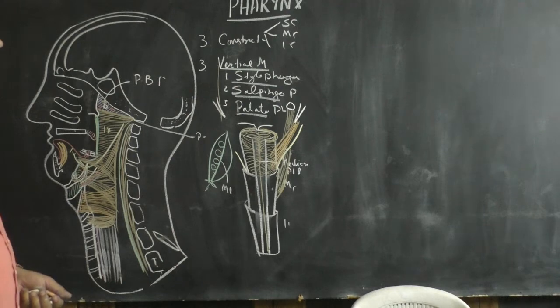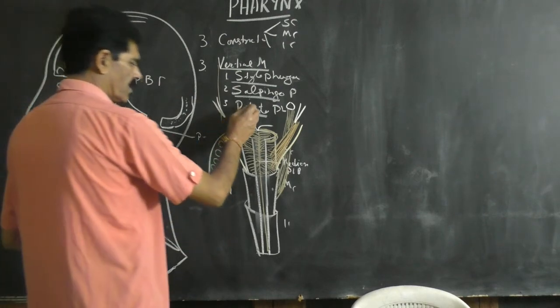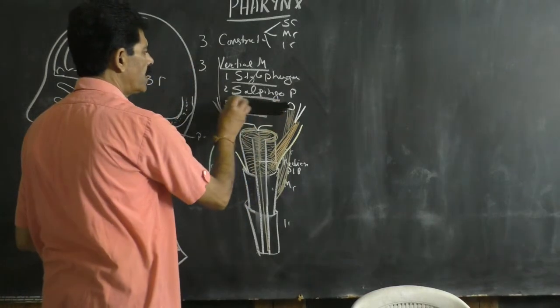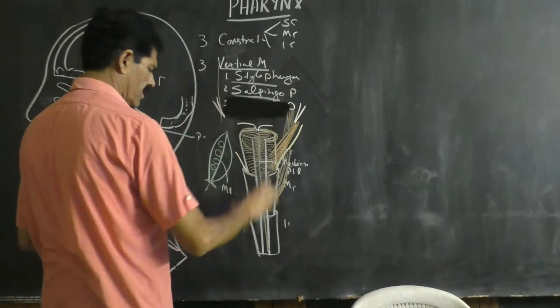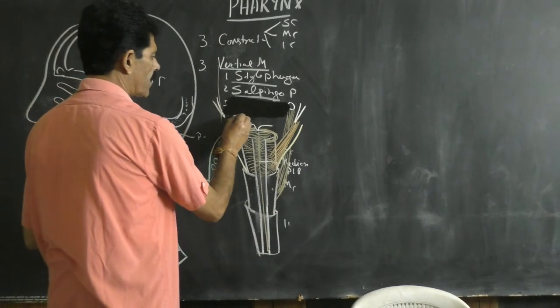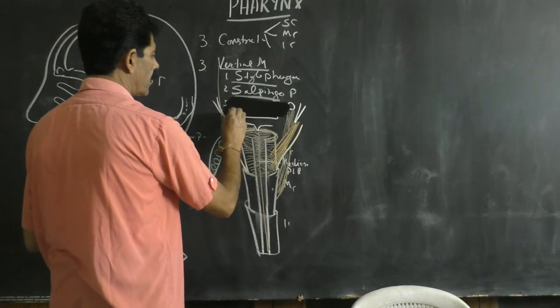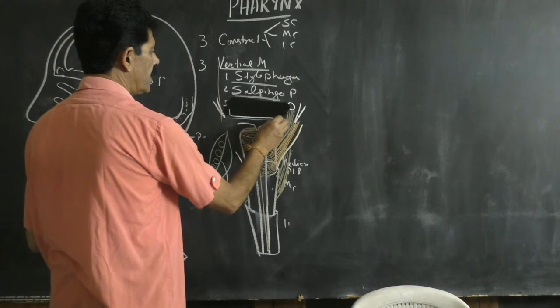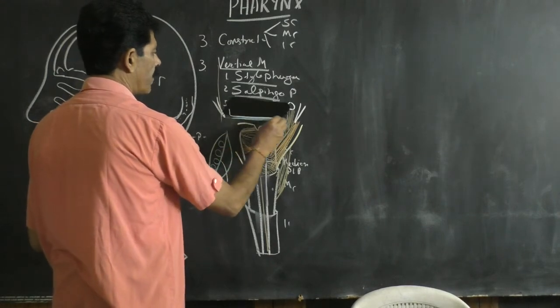Then the third muscle is the palatopharyngeus. This palatopharyngeus muscle takes origin from the hard palate and the palatine aponeurosis. As we know, the hard palate lies here, and posterior to this lies the palatine aponeurosis.